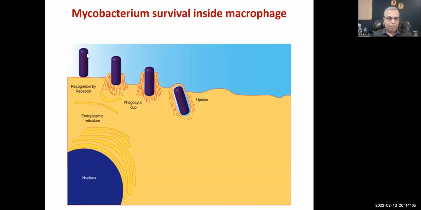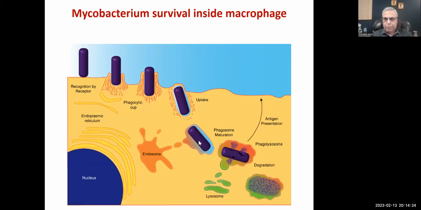Now, this is a mycobacteria. It is a bacillus. It is a rod, okay? This big yellow cell is the macrophage. So it is taken up by the macrophage in a phagosome or an endosome, right? And this phagosome will fuse with a lysosome and it will make a phagolysosome, right? As I said, lysosome is full of lysosomal enzymes and it usually destroys the bacteria.